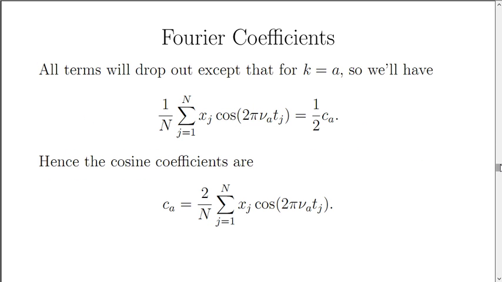Well, then, all the terms are going to drop out, except that for which the frequency in our Fourier series expansion is equal to the frequency that we're taking the inner product with. And that's going to leave us with 1/2 of the cosine coefficient. So the cosine coefficient turns out to be 2 divided by n times the sum over all times of data values times cosine at that frequency.